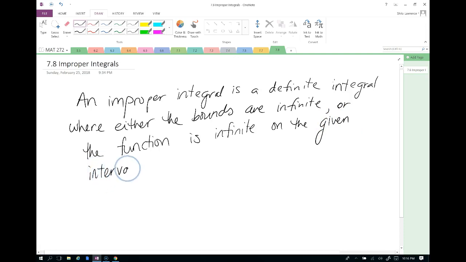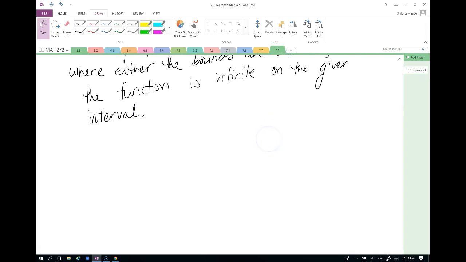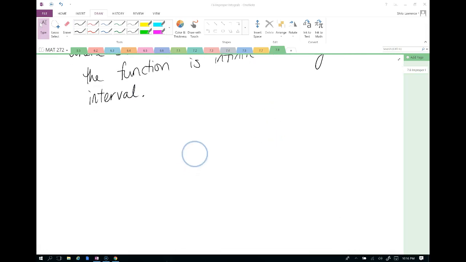And I'm going to show you pictures of both of them before we actually talk about how to do this. So when we have infinite bounds, they could either both be infinite or just one of them could be infinite.